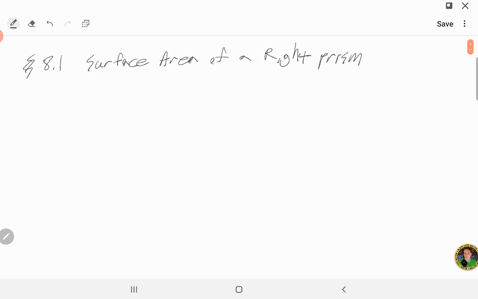The idea is that a box is essentially a rectangular prism, and the idea of it being right basically just means that the sides are straight up and down. We can still work out the surface area for shapes that are slanted, but we're not going to worry about that for this class.